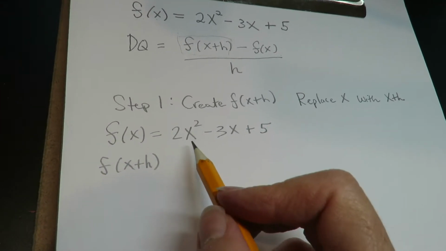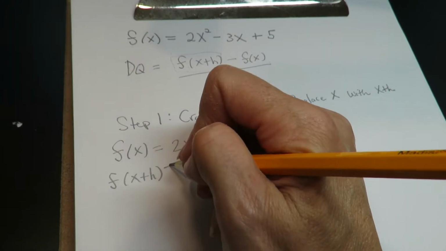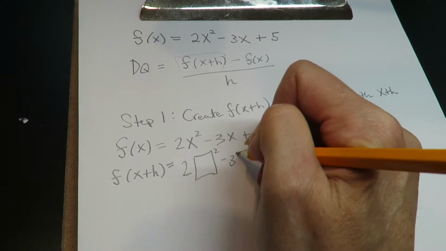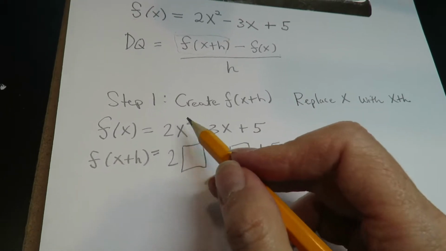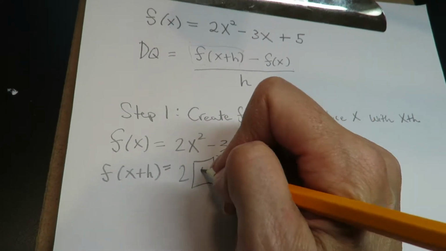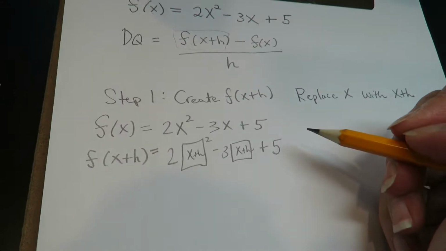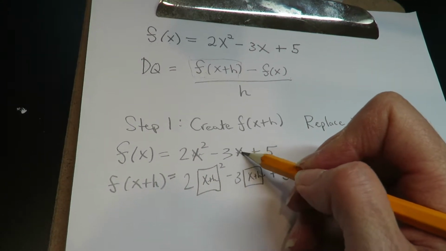So everywhere I have an x, I'm going to replace it with x plus h. Right now I'll just put a box everywhere I have an x. And where that x is, the x now becomes x plus h. So everywhere there's an x, it becomes an x plus h.